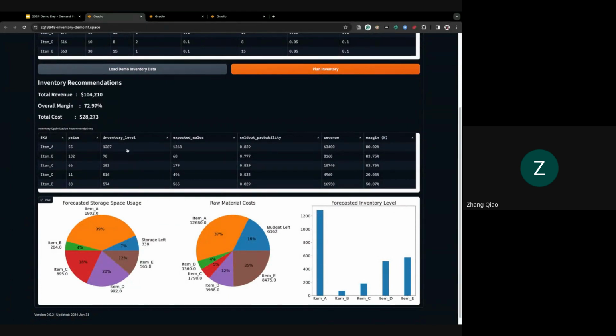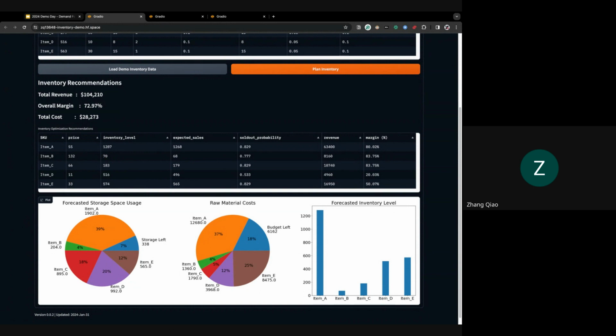Okay, this is just a snapshot of one single inventory planning process. When we actually apply it to a business use case, this whole demand forecasting process, together with inventory planning, is supposed to happen quite frequently, depending on how you collect the data.